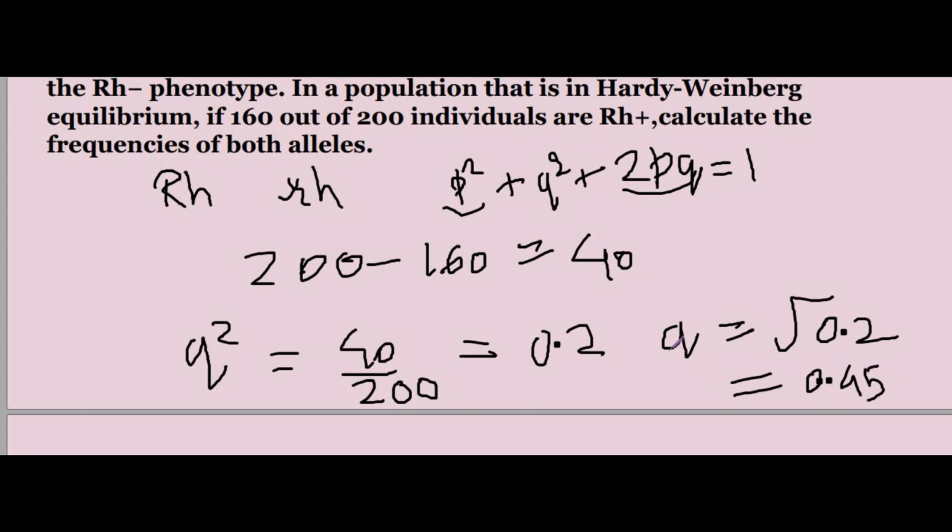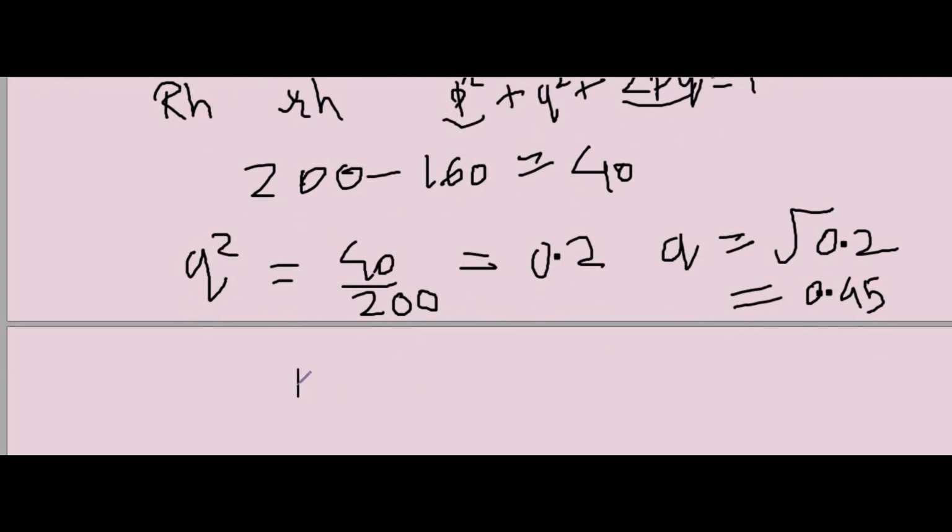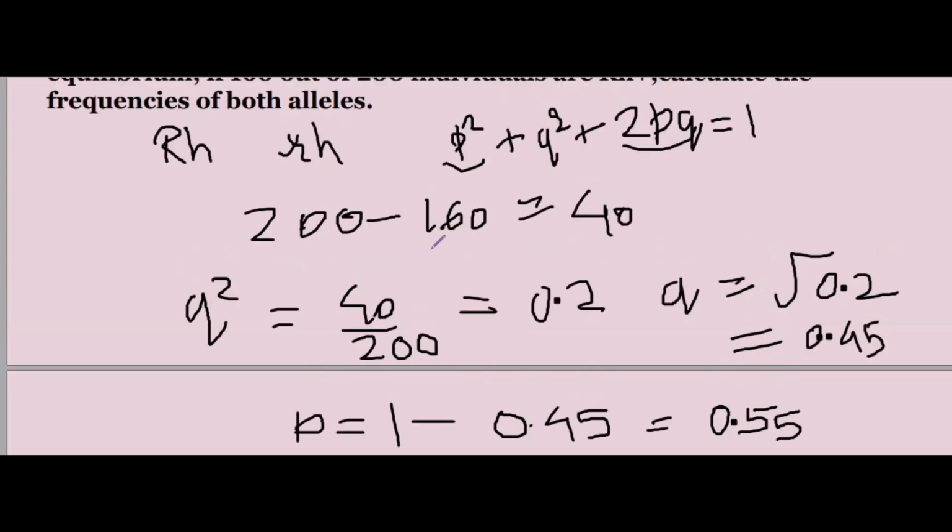So if q is equal to 0.45, the value of p will be equal to 1 minus 0.45, which will come out to be 0.55. Hence the question is solved.